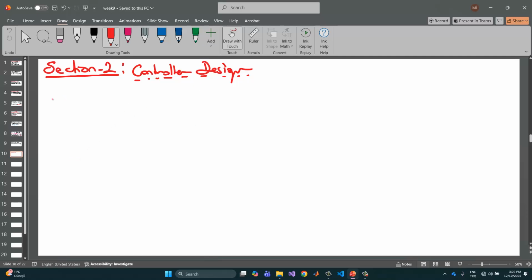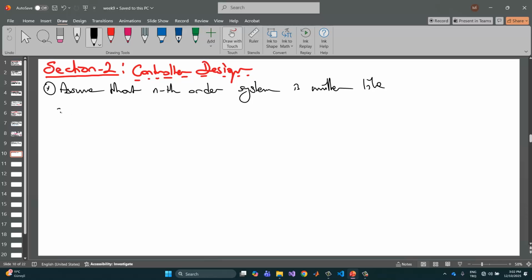Controller design. Just assume that an nth order system is written like this one: s^n + a_{n-1} s^(n-1) + a_{n-2} s^(n-2) + ... + a_1 s + a_0 must be equal to 0, right?